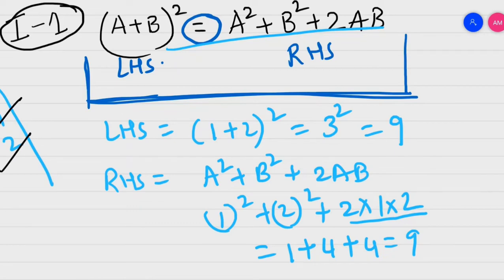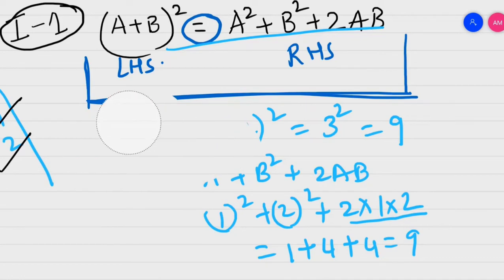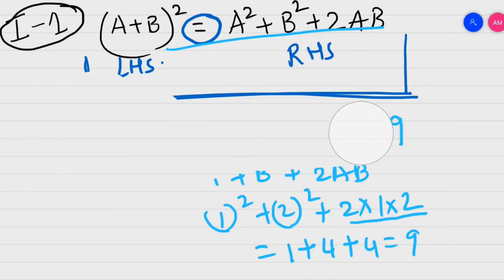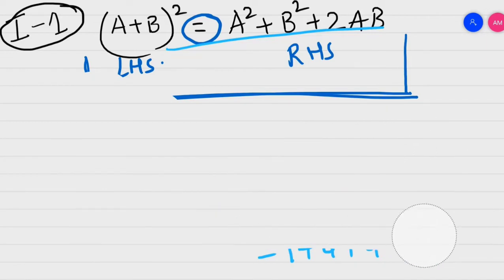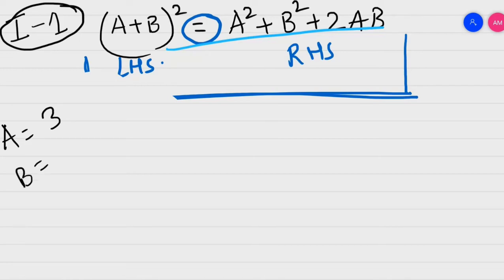Now let us see whether the statement is correct for other values also. Let us change the values of a and b. Suppose we take a is equal to 3 and b is equal to -1.